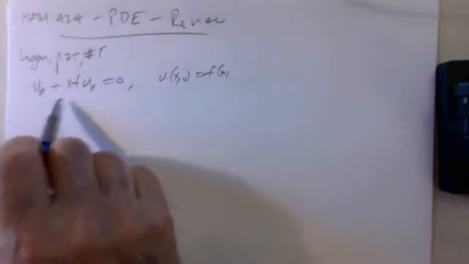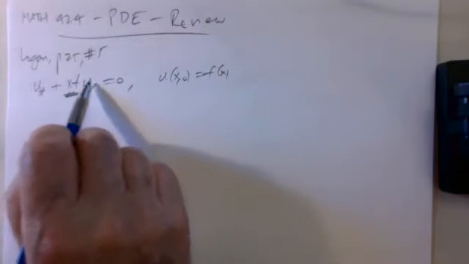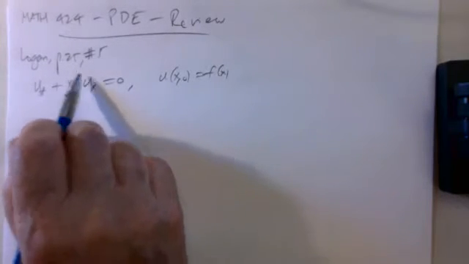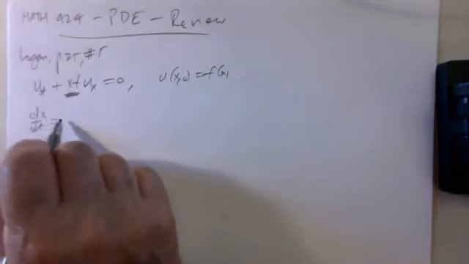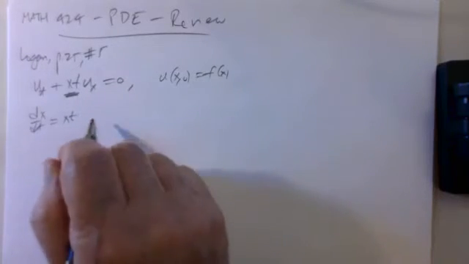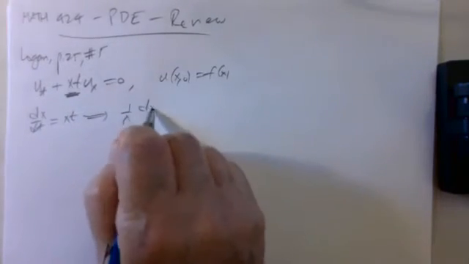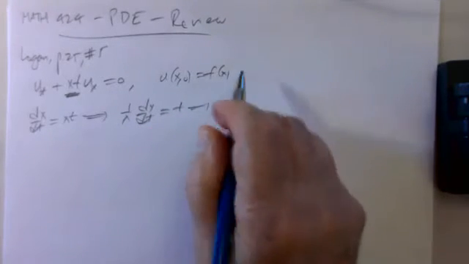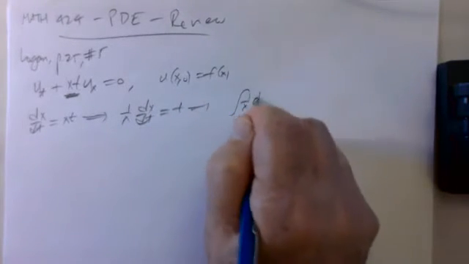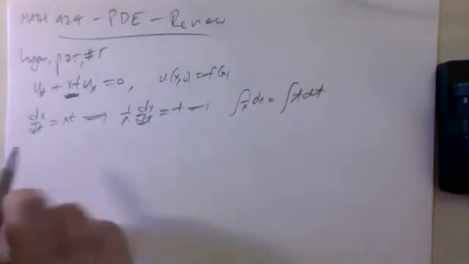So if we use the method of characteristics, what we're multiplying u sub x by is xt. So let's try to solve the differential equation dx/dt equals xt. So this is separable, 1 over x dx/dt equals t, or the integral of 1 over x dx is the integral of t dt.